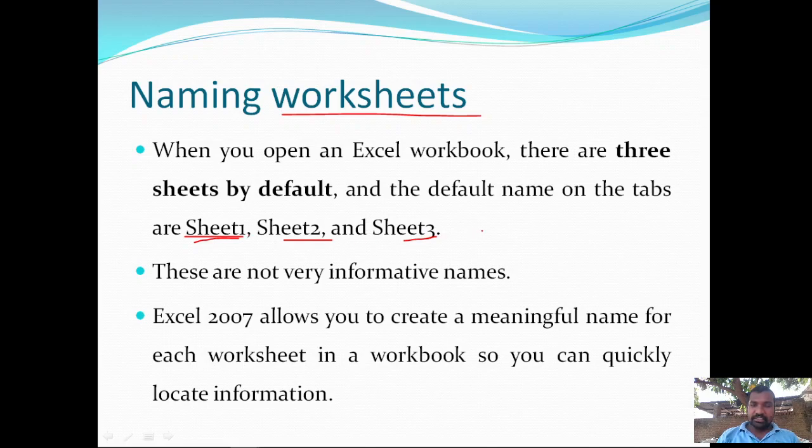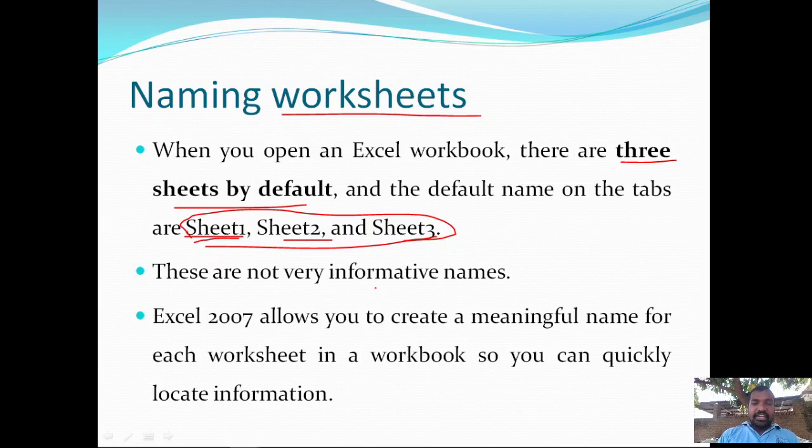That number starts with 1, 2, 3, and so on. If you want to create another sheet, then Sheet4 will be the name of that particular sheet, then Sheet5, Sheet6, and so on. So when you open an Excel workbook, there are three sheets by default, and these are the sheet names.